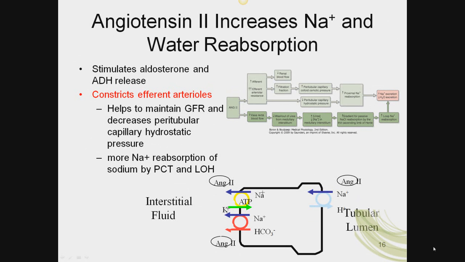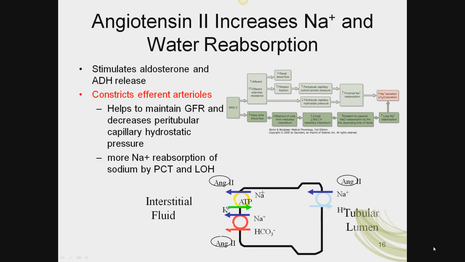Angiotensin II also helps constrict the efferent arterioles, and this helps to maintain or elevate GFR. So angiotensin II does a lot more than just restore GFR through targeting the efferent arterioles. It targets more water and salt reabsorption through the PCT directly.